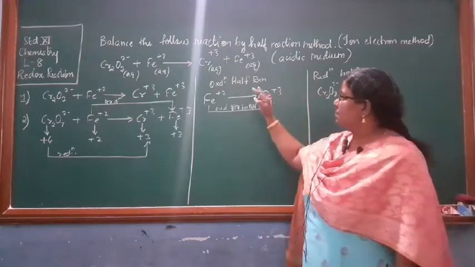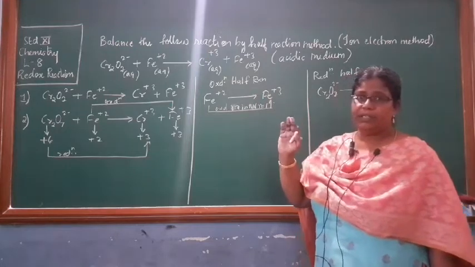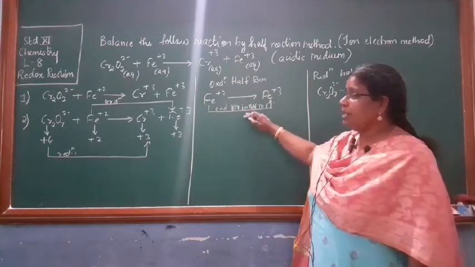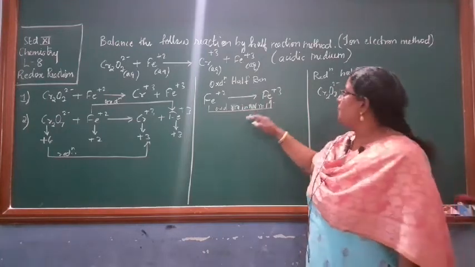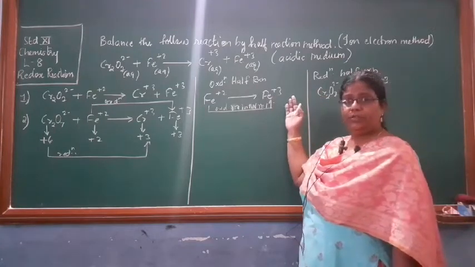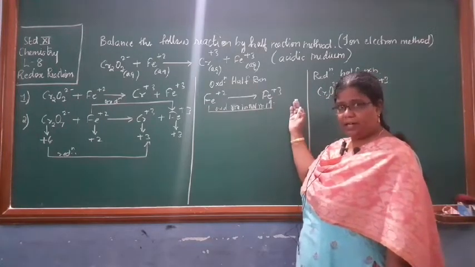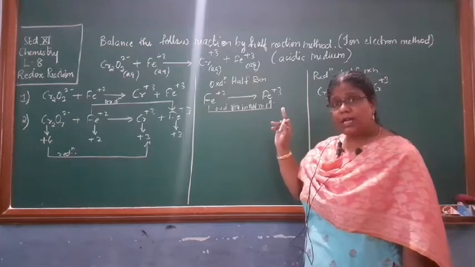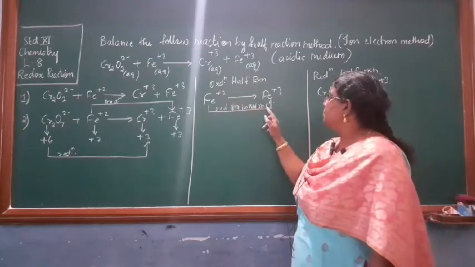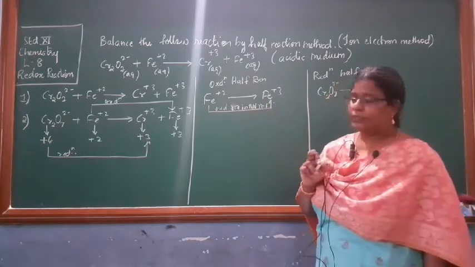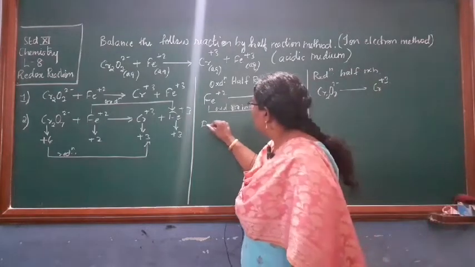Okay, whenever we do it by the ion electron method, the steps have to be followed this way. You have to add the number of electrons to the right hand side. How many electrons to add? Electrons equal to the n value. So now how do I have it?